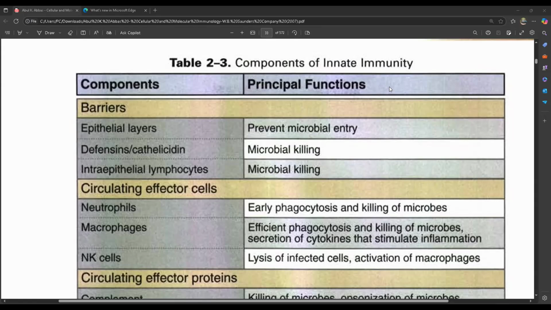So we will look at the components and their functions associated with innate immunity. We should also keep in mind that both innate and adaptive immunity coordinate to achieve the goal, and the goal is defense against pathogens.